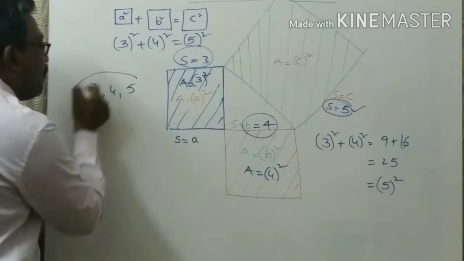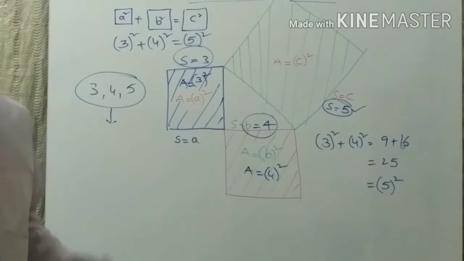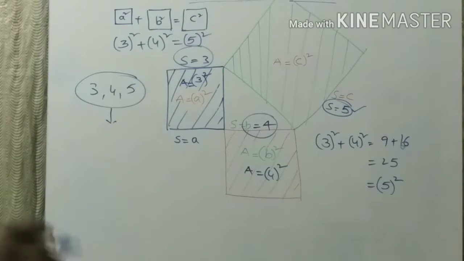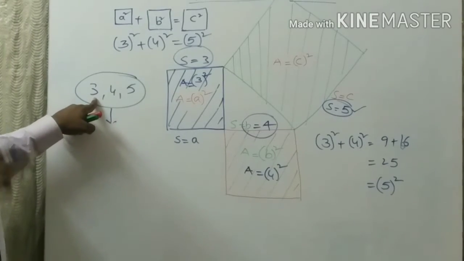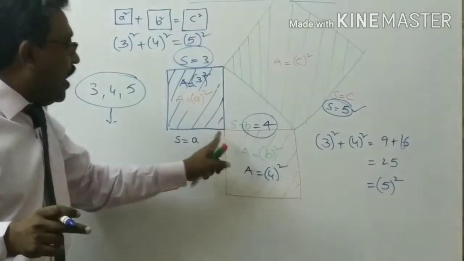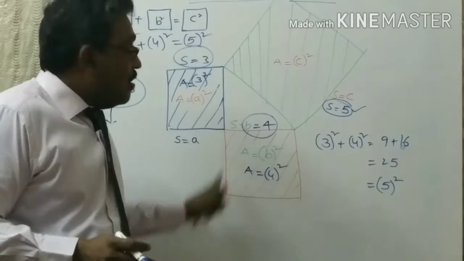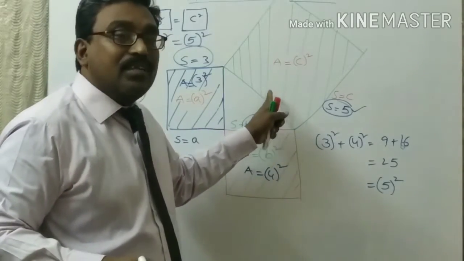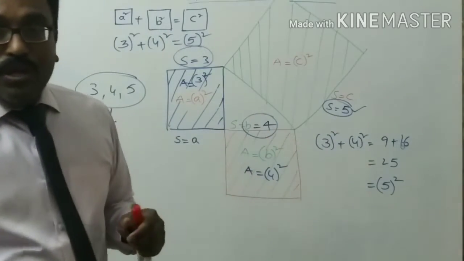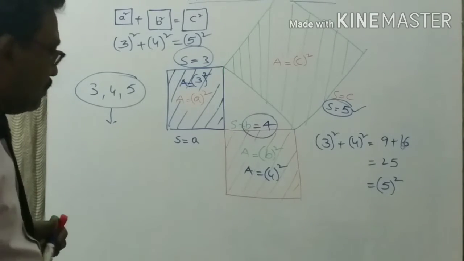Then 3, 4, 5 are Pythagorean triplets. Why? Because if with side 3 one square is formed, and with side 4 another square is formed, then the area of these two squares is equal to the area of the other one. Therefore, 3, 4, 5 are Pythagorean triplets.